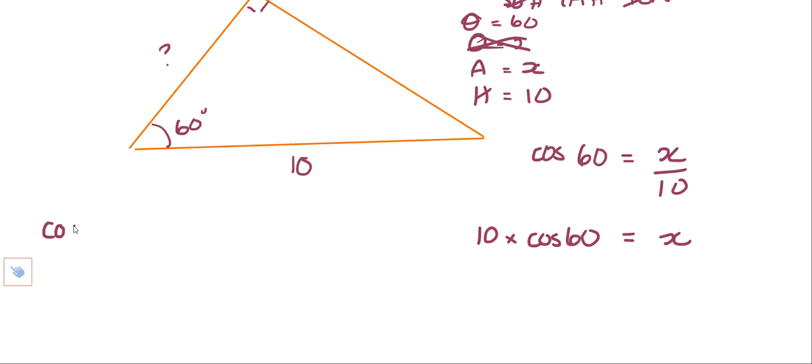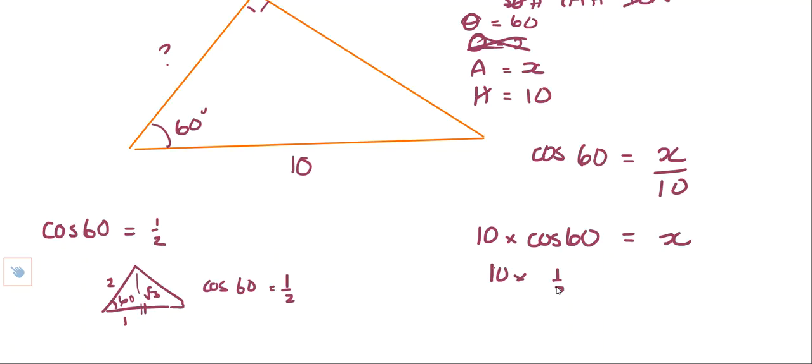Because I know that cos of 60 is what? With my triangle, 60 means it's a 1, a root 3 and a 2. So cos of 60 is adjacent over hypotenuse, so I actually know that's a half. Therefore this would be 10 times a half, which is 5. So I know x equals 5.